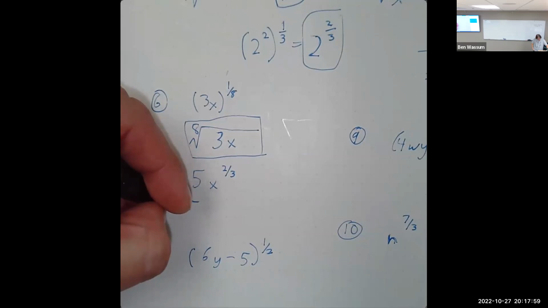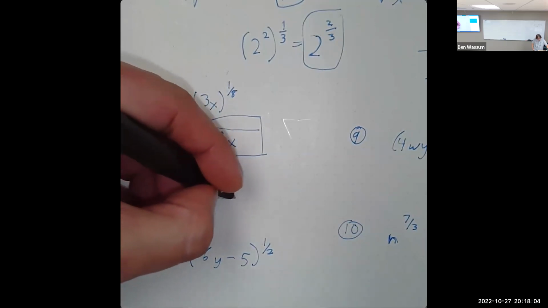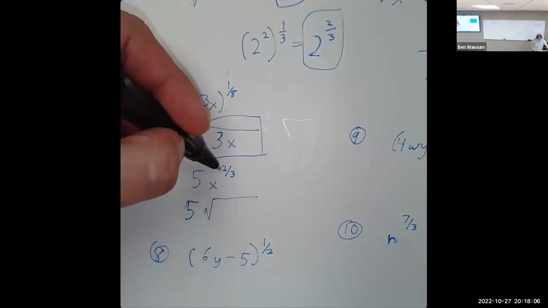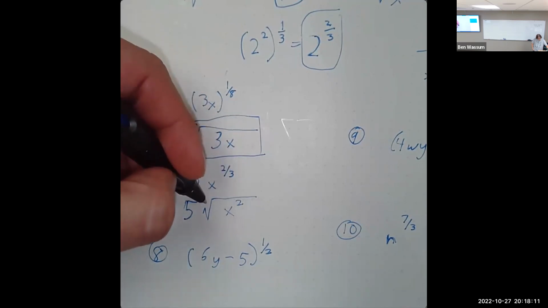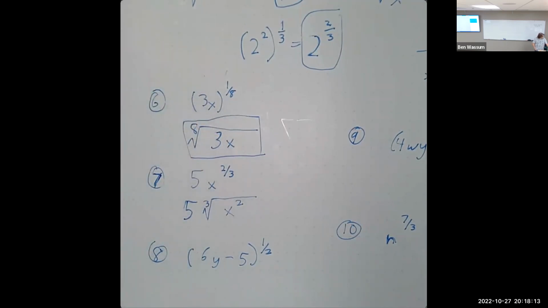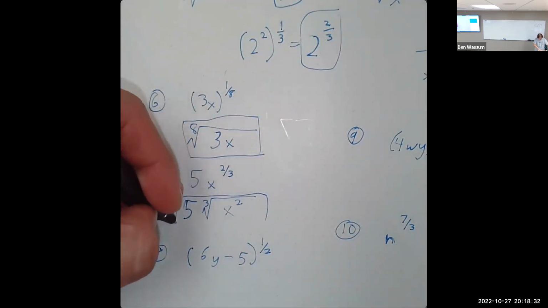The 5 is outside of that whole thing. So with the x, it has a power of 2, and it has a root 3. So we have 5 times the cube root of x squared. Okay? Nice. They're not too bad, right?